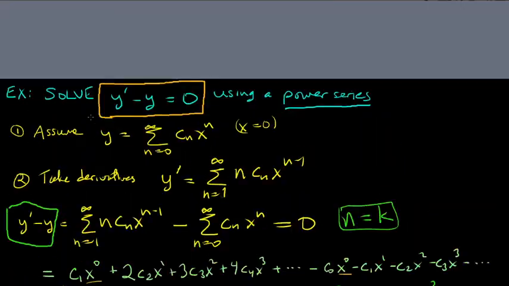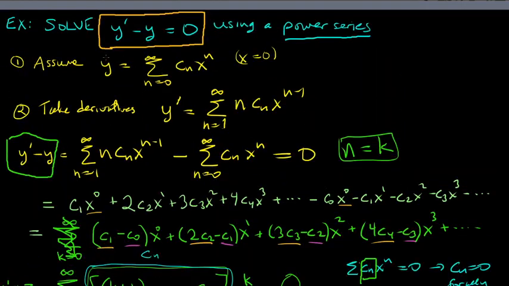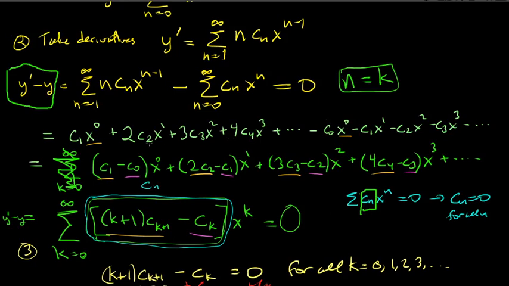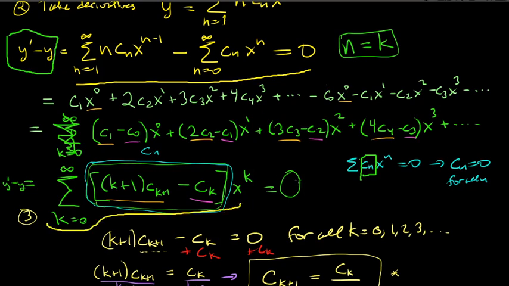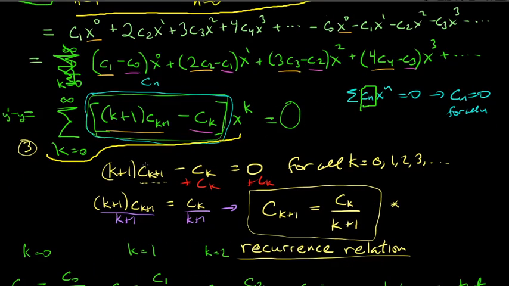Okay, and so to recap, step 1, assume that you have a power series as a solution. Step 2, take all the derivatives you need. Step 3, reindex, right? Or in this case we didn't have to reindex, but we had to write it all as a single series instead of 2 separate series. We want to write it as one series. And then because it equals 0, you set that coefficient to 0, and that gives you your recurrence relation.